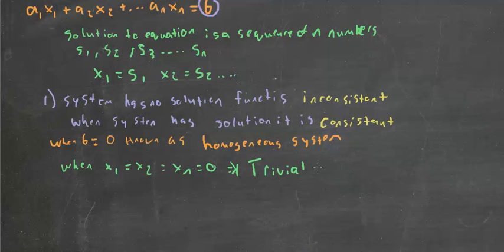And when they're not all 0, it's called a non-trivial solution.